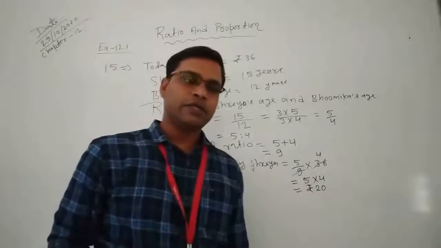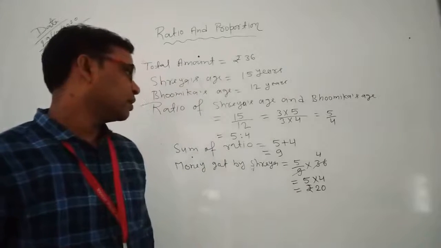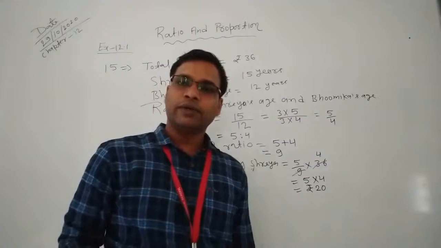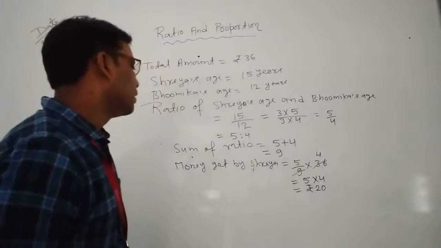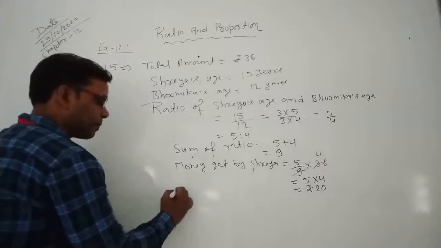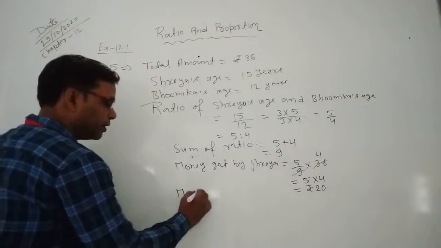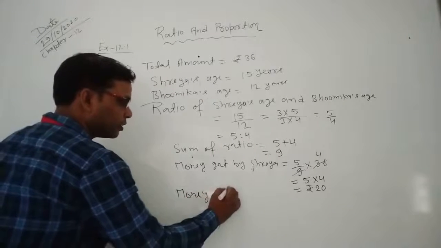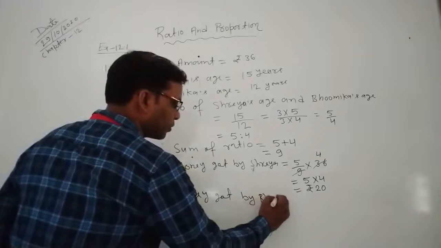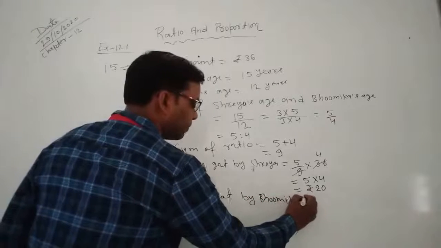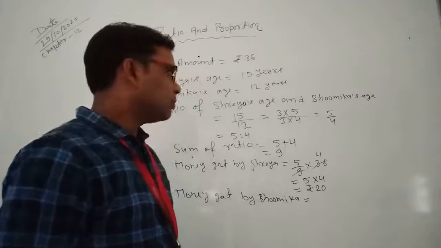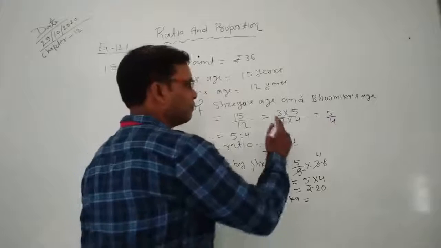Okay. So money got by Shreya, how much? 20 rupees. Now next, amount of money got by Bhumika. Money got by Bhumika is equal to, what is the ratio of Bhumika? Ratio of Bhumika is here given 4.